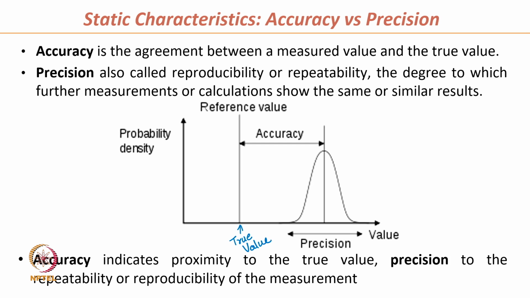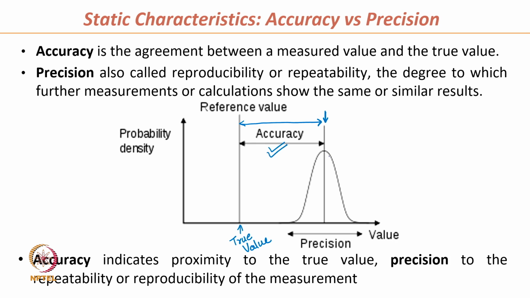But when we apply multiple measurements, most of the time we end up at this value, which is, let us say, our mean value of measurement, and the difference between the actual or reference value and this measured value is our accuracy.